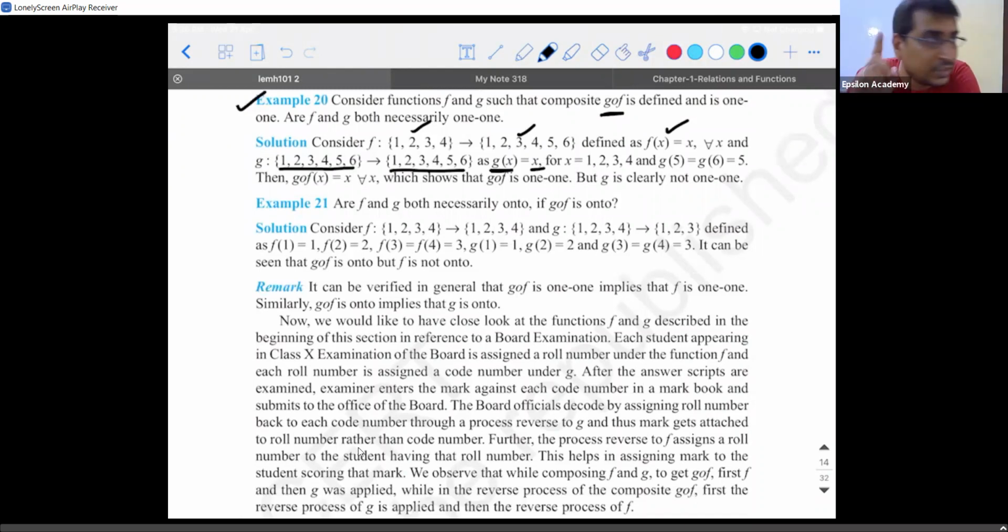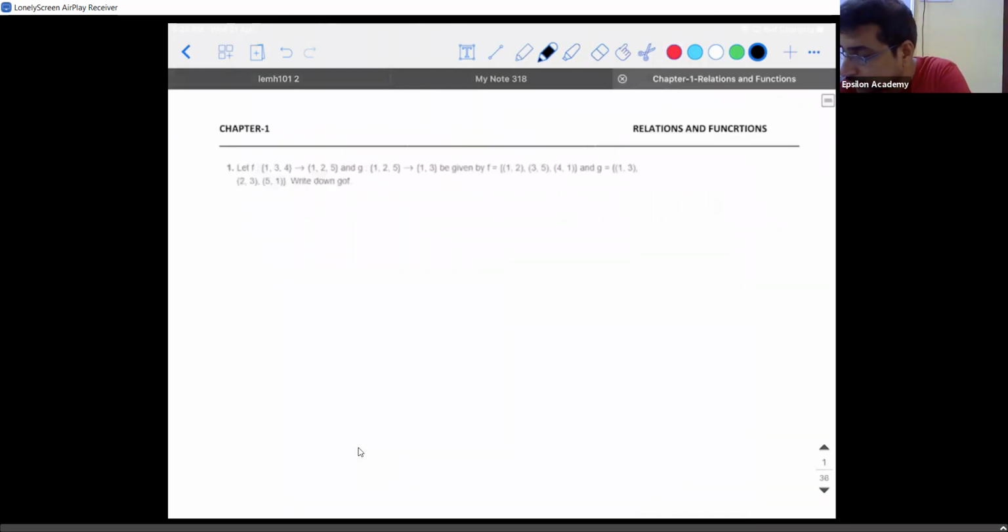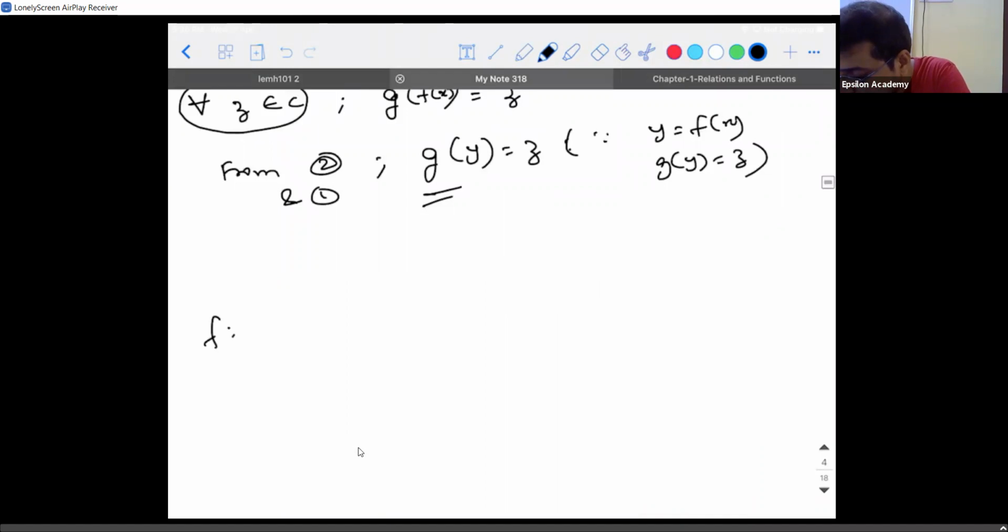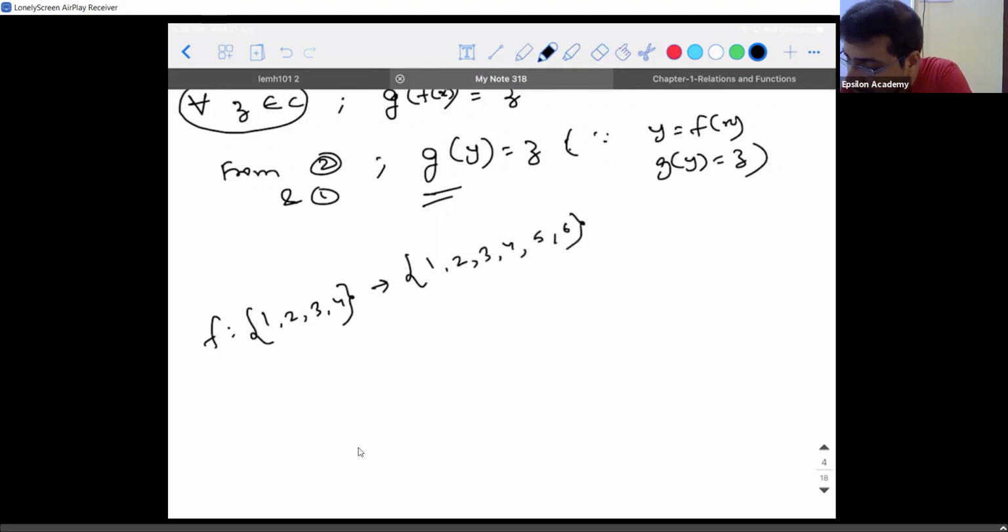So for g circle f to be defined, what is the important condition? If f is mapped from 1, 2, 3, 4 to 1, 2, 3, 4, 5, 6, A and B, where B is the codomain of the function f, then g should be defined from B to some other set.